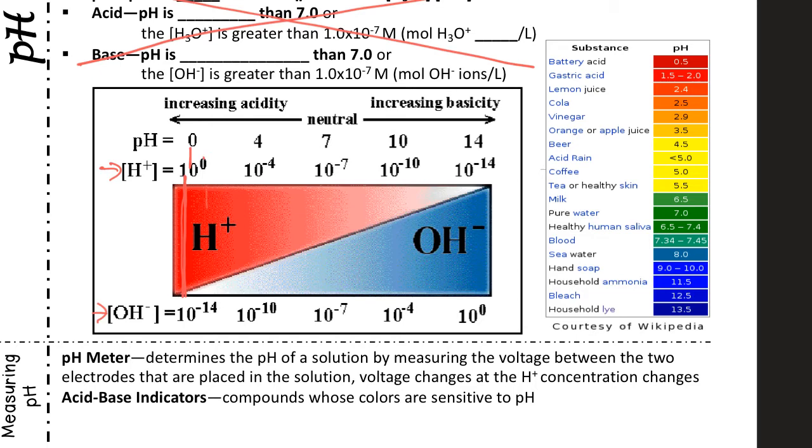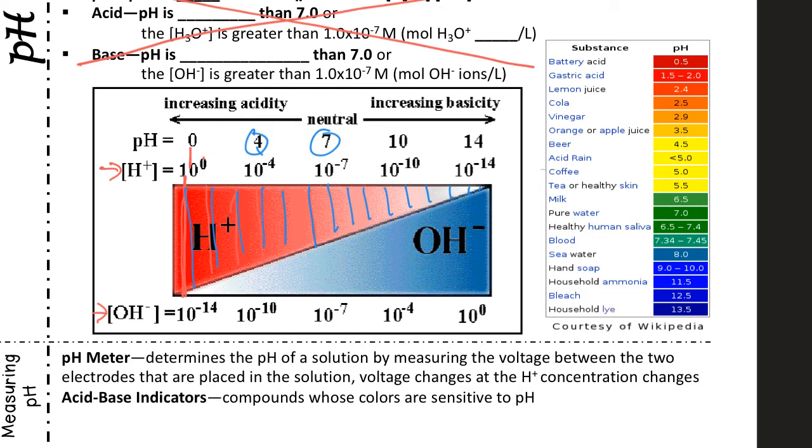As my pH goes up, I have fewer and fewer hydrogen ions. Now I have a pH of 4. I have a pH of 7. You can see that my number of hydrogen ions is getting lower and lower until I reach 14, when I have none.